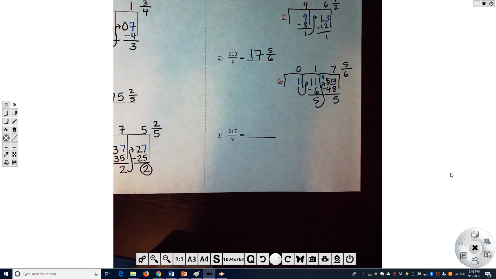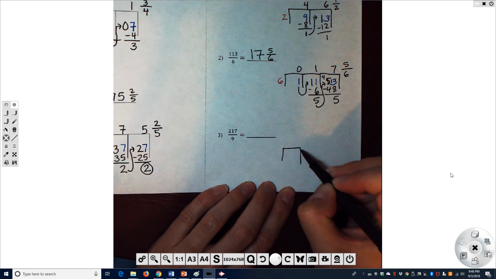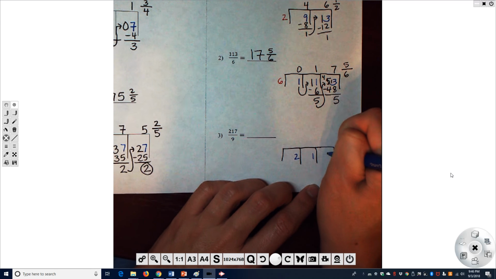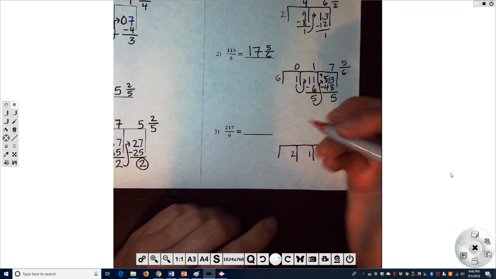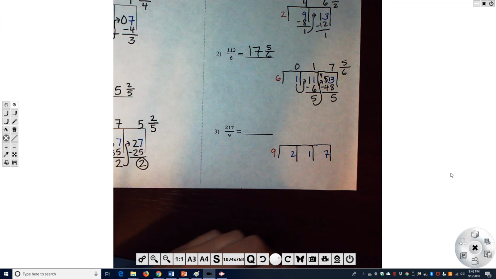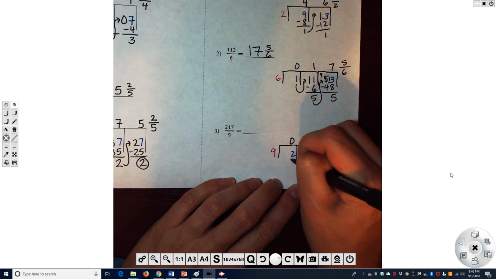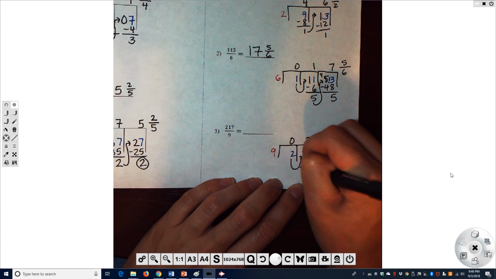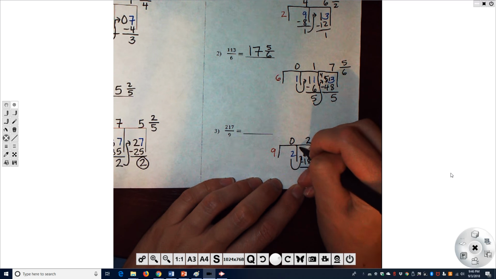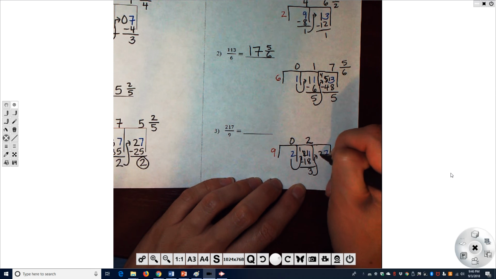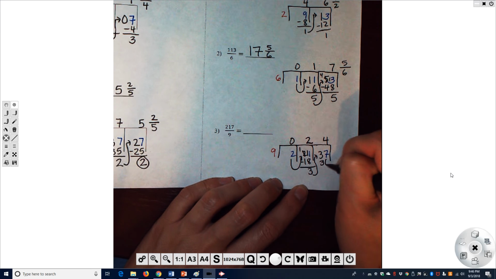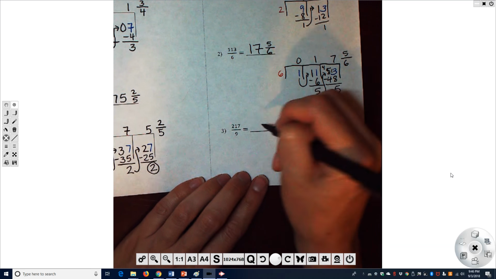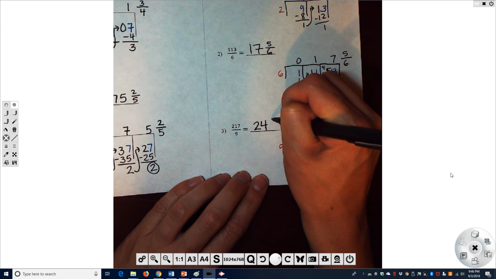Try problem number 3, please. And the answer to this one is 24 1/9.